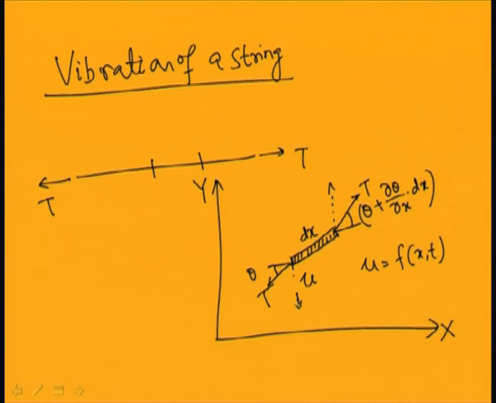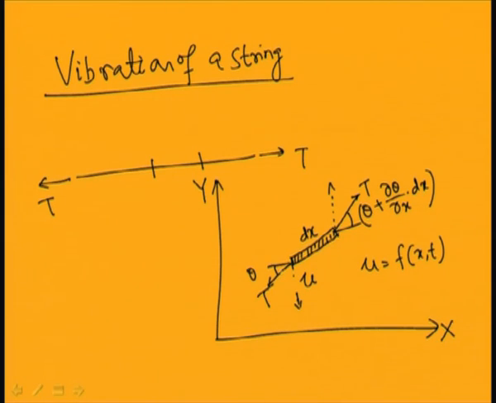As theta is small, I can write it as T theta, and on the right side T into theta plus del theta by del x into dx. So, the net force acting on this element is the difference: T into theta plus del theta by del x into dx, minus T into theta.